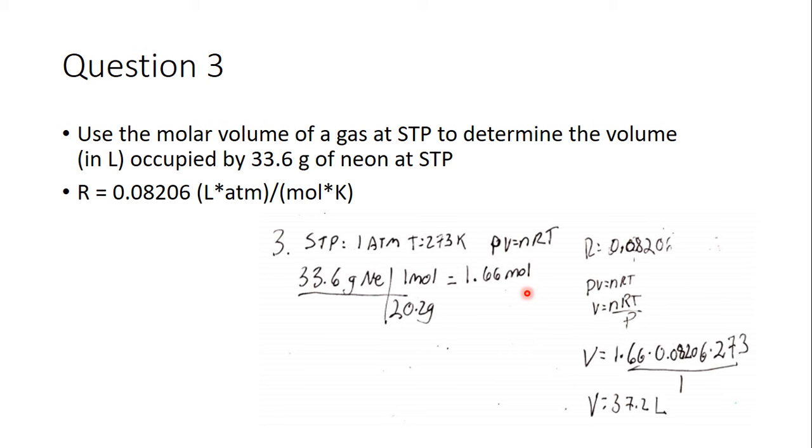And so 33.6 grams is 1.66 moles. Then I do PV equals nRT, pressure is 1 atmosphere, that's good. Temperature in Kelvin, 273. And I solve for V, and V is 37.2 liters by rearranging my ideal gas law like that.